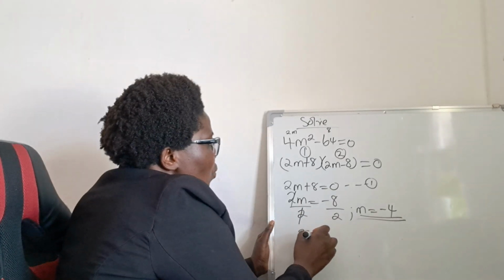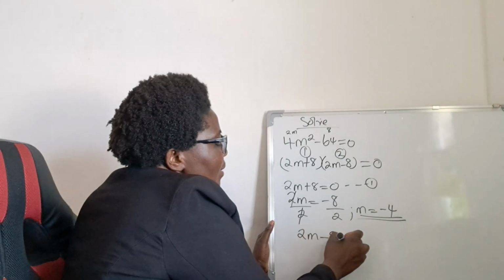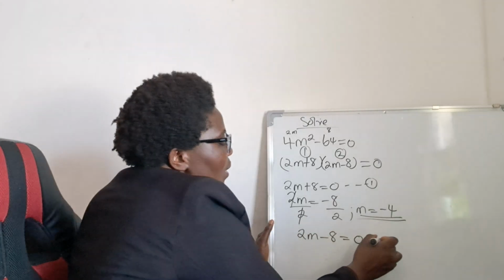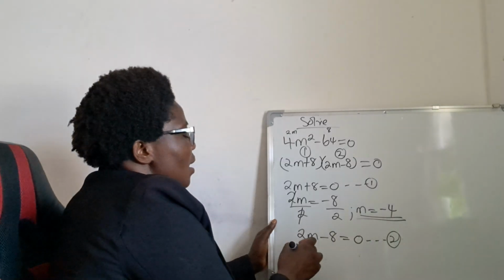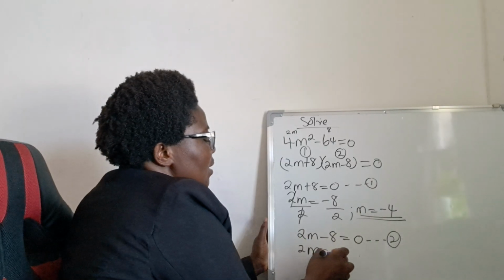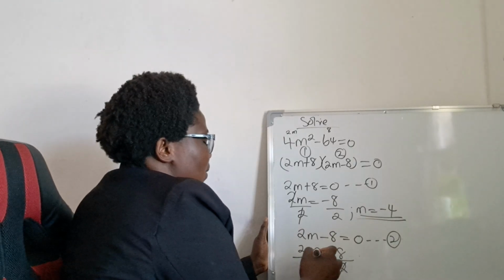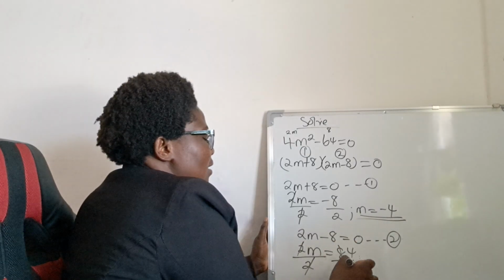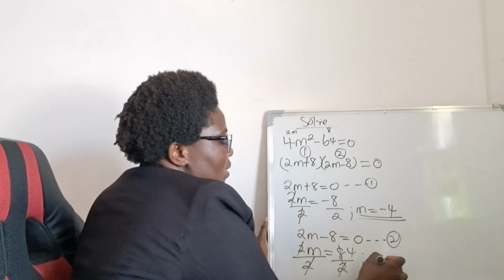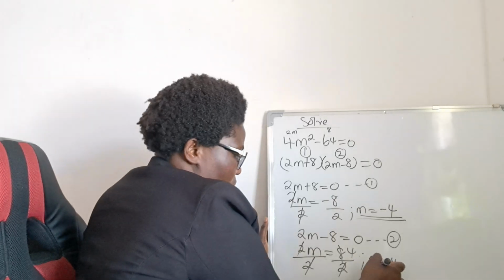Possible answer number 2 will be 2m minus 8, that's equal to 0. So that's equation 2. And then we're going to say 2m, that's equal to 8. We divide both sides by 2. That gives us m is equal to 4.